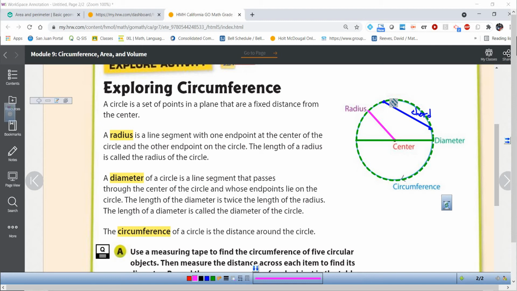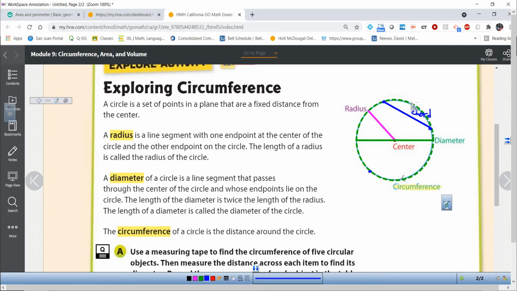Now finally to what we've been waiting for, circumference. Circumference is the distance around the circle. So if I pick any point on the circle, and I go all the way around the circle and back to where I started, that is called the circumference.